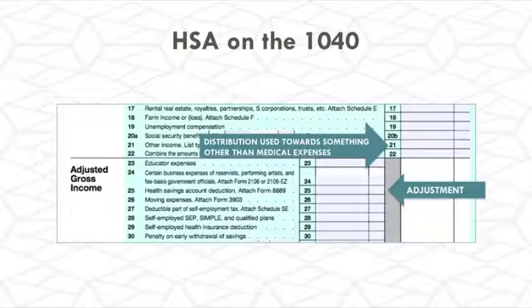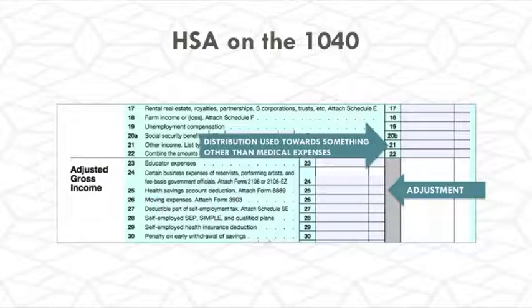Now let's look at how an HSA affects the 1040. On line 21 will be any distributions used towards something other than medical expenses. On line 25 will be the adjustment, so any contributions that a taxpayer made toward their health savings account can be taken as an adjustment to taxable income.